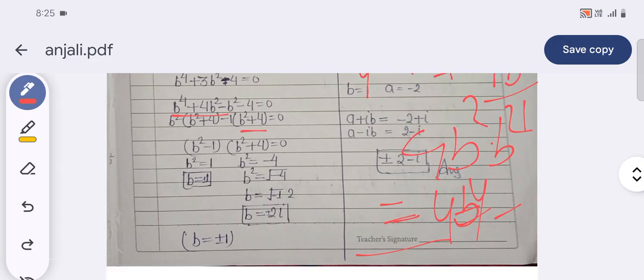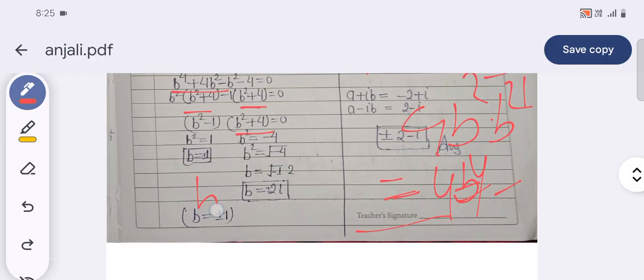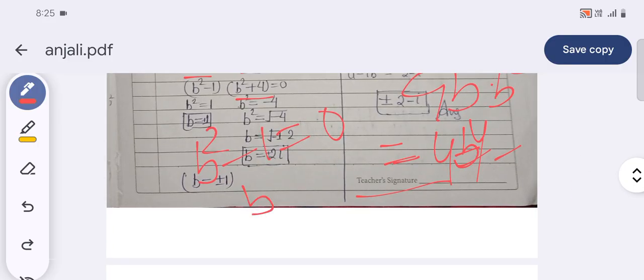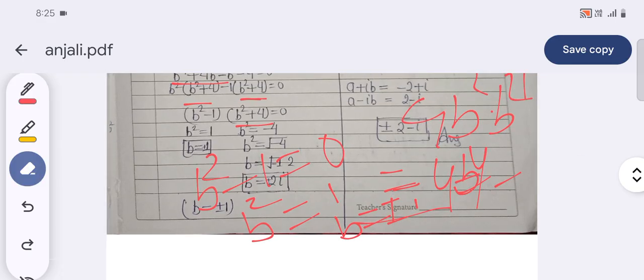In the whole equation we will take b square plus 4 common, what remains is b square minus 1, this is equal to 0. So b square minus 1 is equal to 0, so b square is equal to 1 and b is equal to plus minus 1. Is it clear?